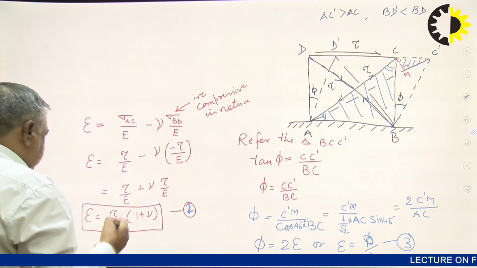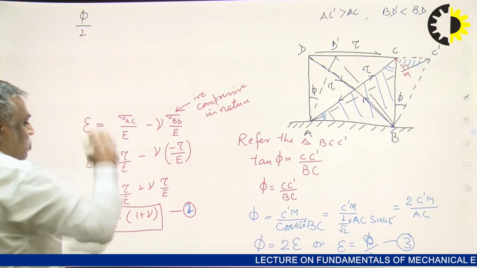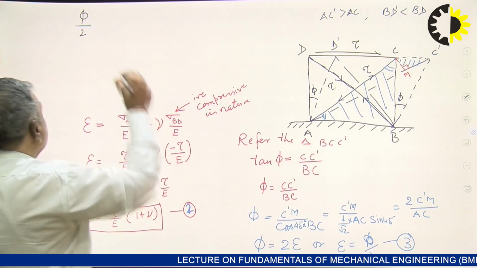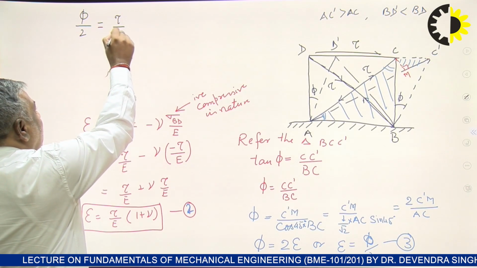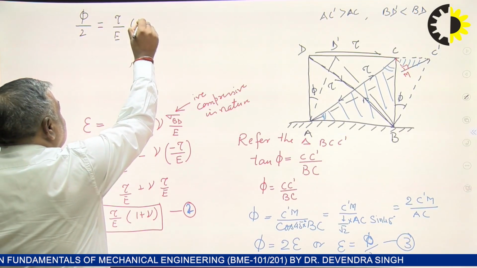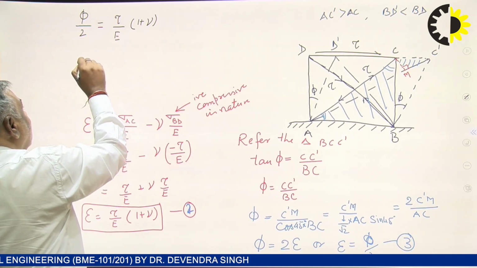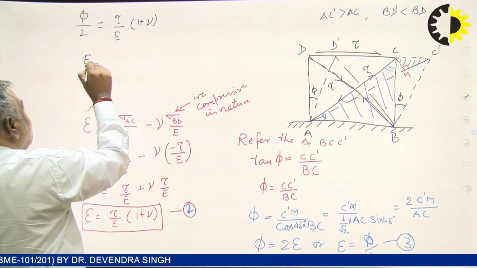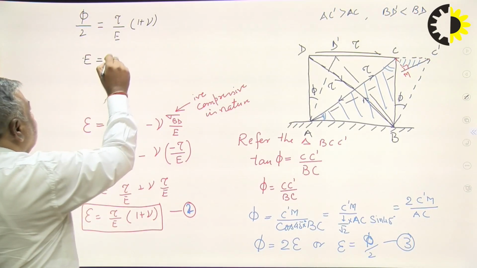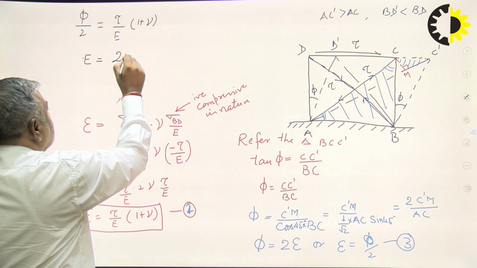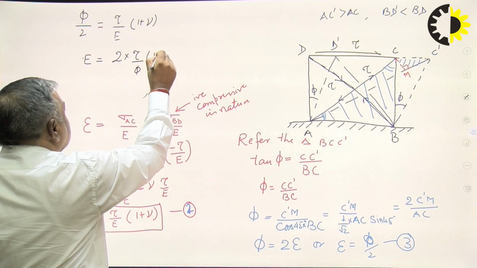So if we equate, we will get phi by 2 from equation 3 is equal to tau upon E times (1 plus nu). Now rearranging the terms, I will take E on the left hand side of this equation. E is equal to 2 times tau upon phi times (1 plus nu).